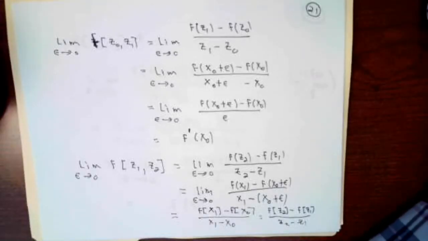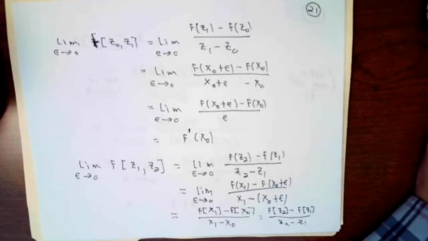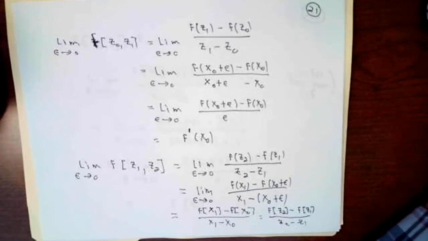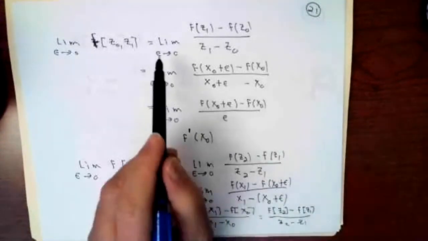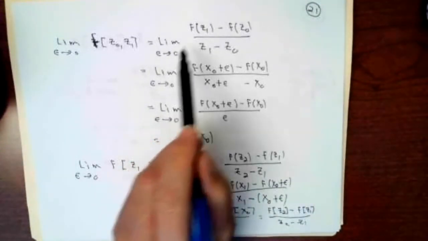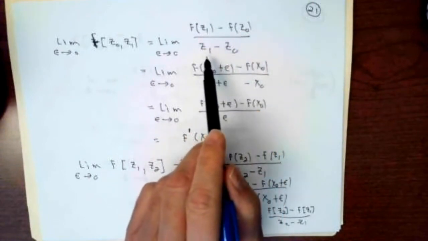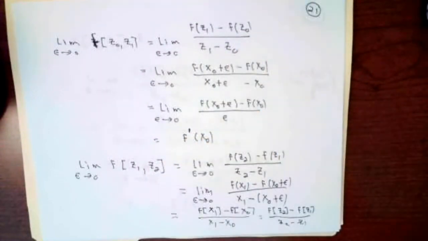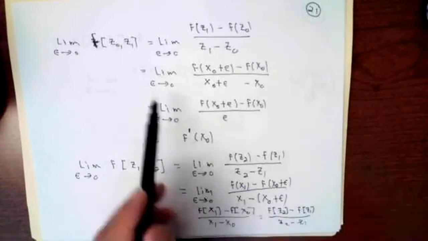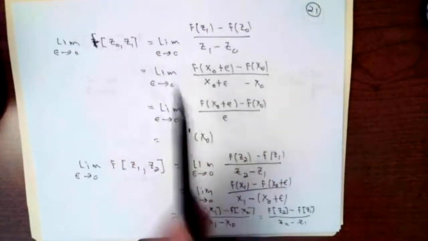So I'm actually going to sit down and write these limits out. The first number in column k equal 1, that'll be the one that has row index i equal to 1, is going to be the limit as epsilon tends to 0 of f of z1 minus f of z0 over z1 minus z0. If you put in what z0 and z1 are, that turns into this limit.